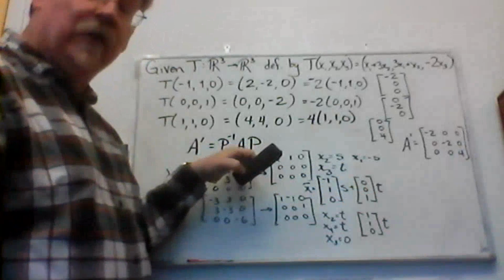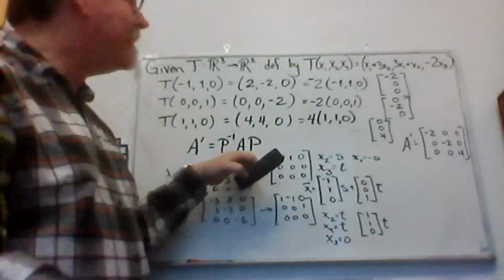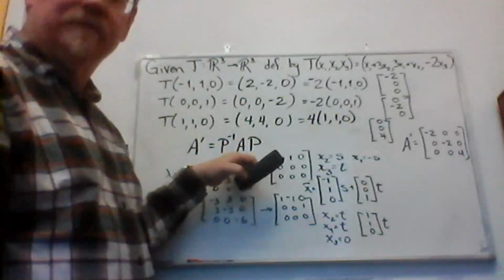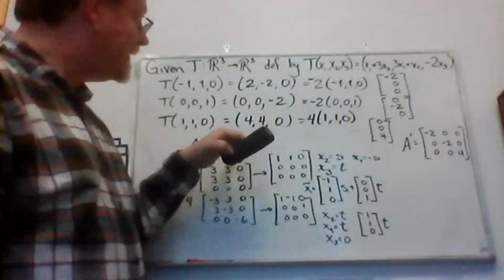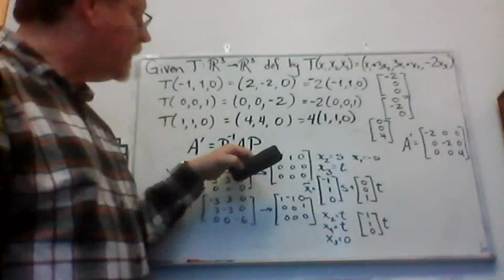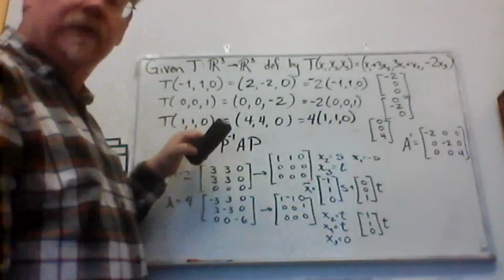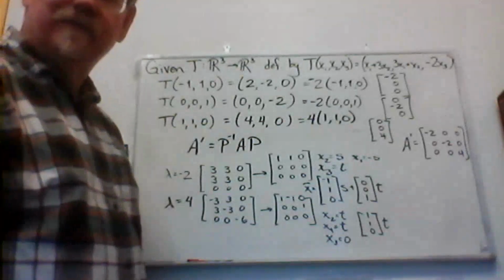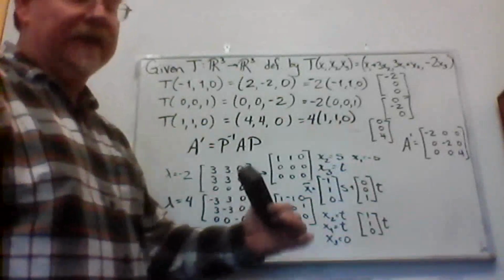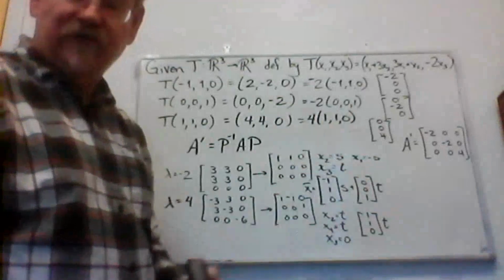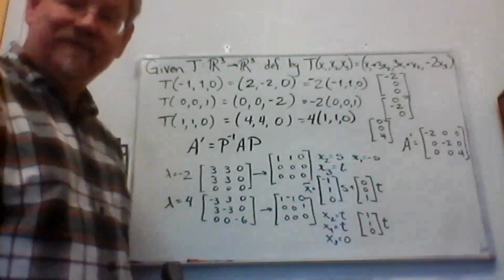A is the original matrix that we had at the beginning of this problem. So this particular matrix A is going to be similar to a diagonal matrix, which comes in really handy and is the basis for section 2 of chapter 7.